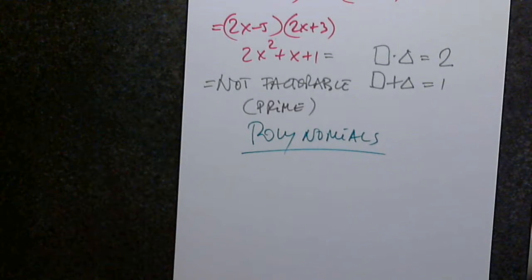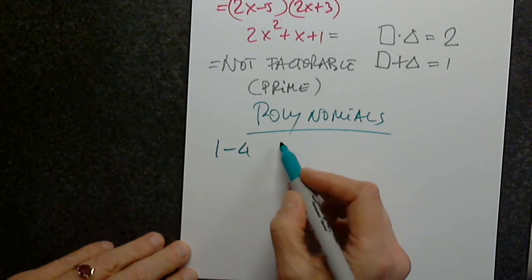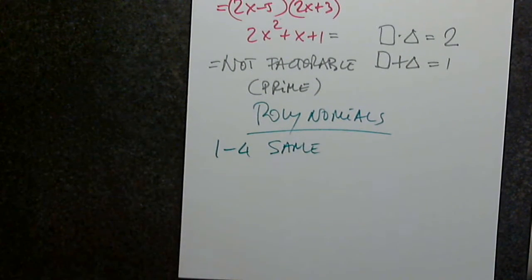So we talked about strategy for binomials. We talked about strategy for trinomials, which was the most difficult. And now this is the last step, strategy for polynomials. 1 through 4, same. What do I mean by the same? Descending order, greatest common factor, negative leading coefficient.